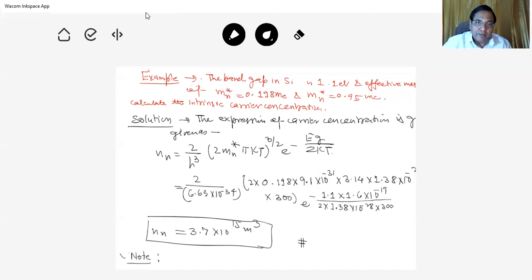Note from the law of mass action, Ni is 10 to the power 10 per meter cube.